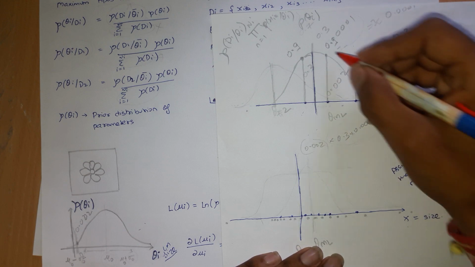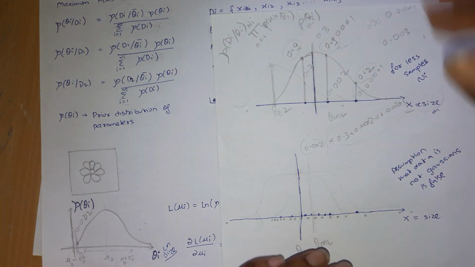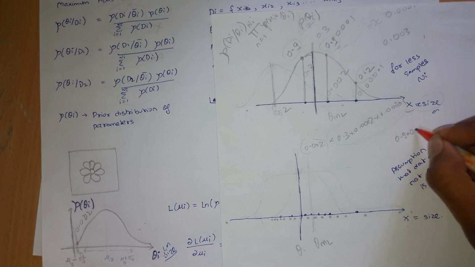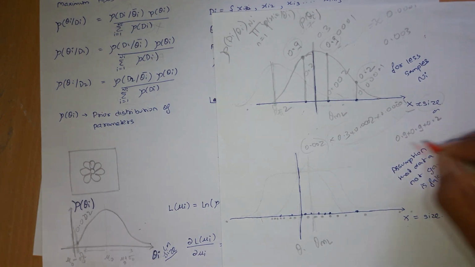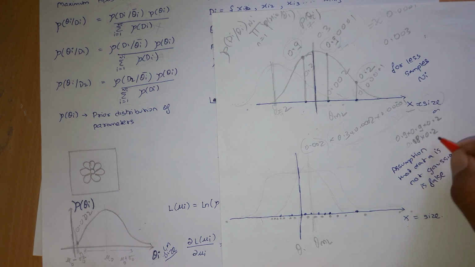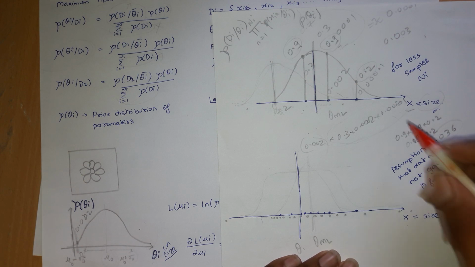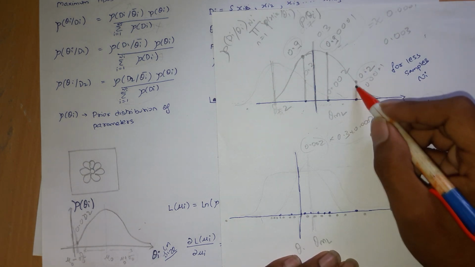Because of this the whole probability will come down: 0.9 into 0.9 into 0.2, so 0.18 into 0.2, which will be 0.036. So you see the probability went down because just of this factor.